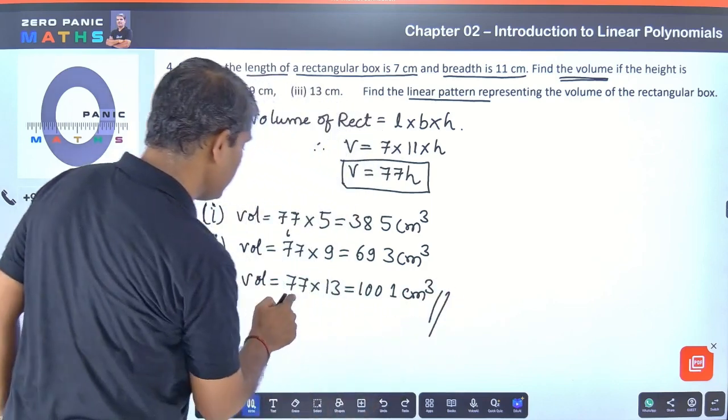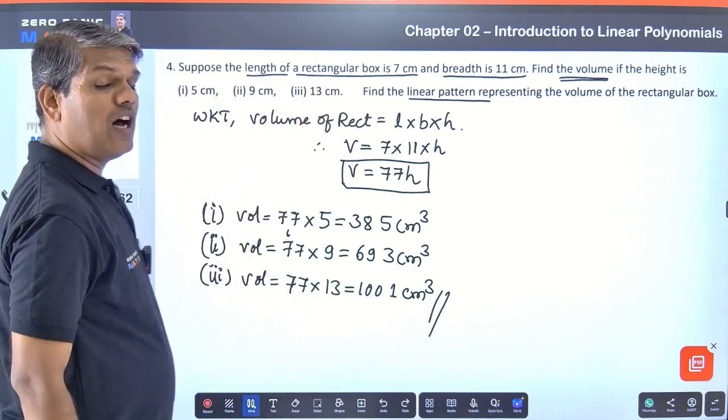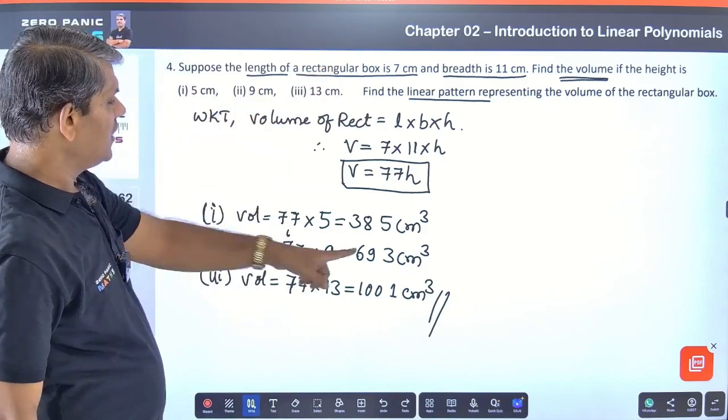So this is the answer for all the three problems, or for all the three different heights. This is the volume.